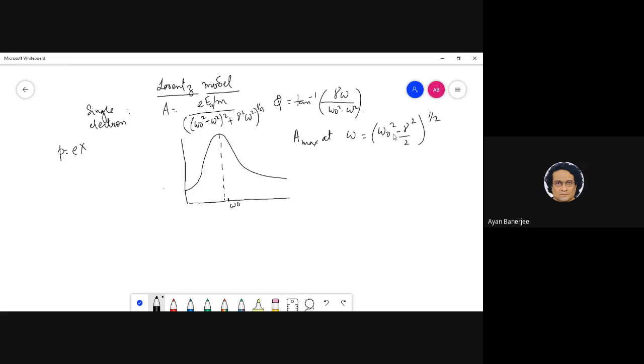Suppose this electron is at some initial state and going to some final state, and suppose you have something coming at omega, and this frequency is at omega 0. Now, when omega equals omega 0, you should get this transition to happen.